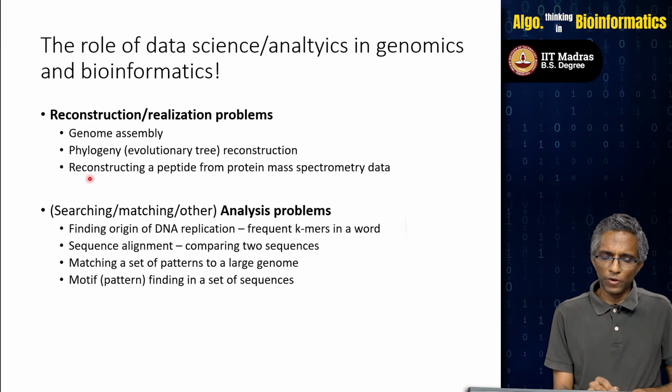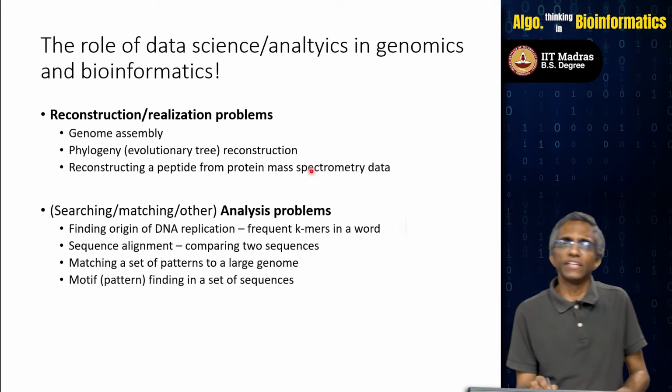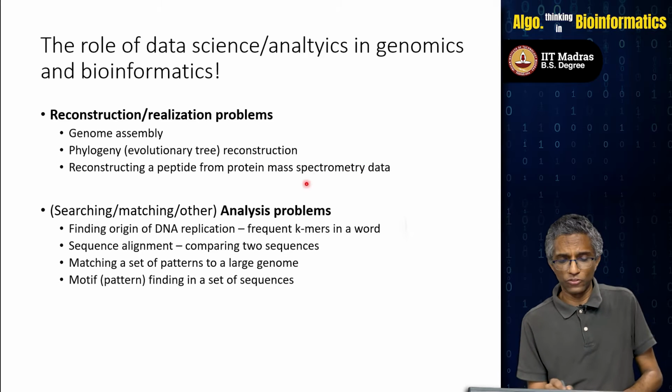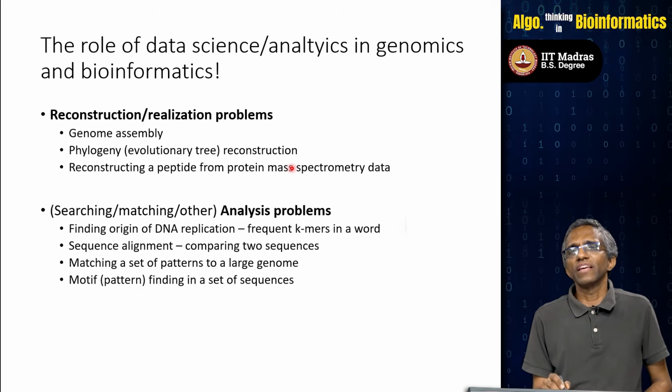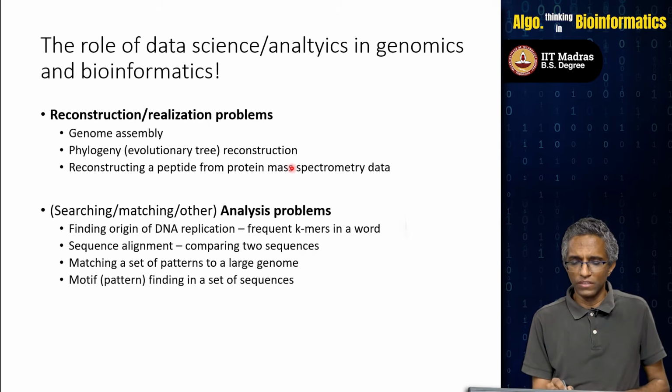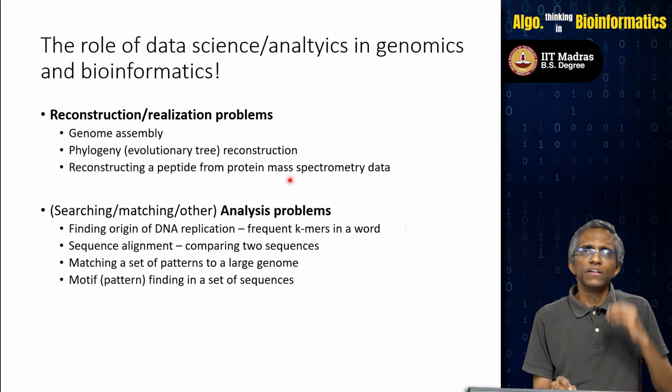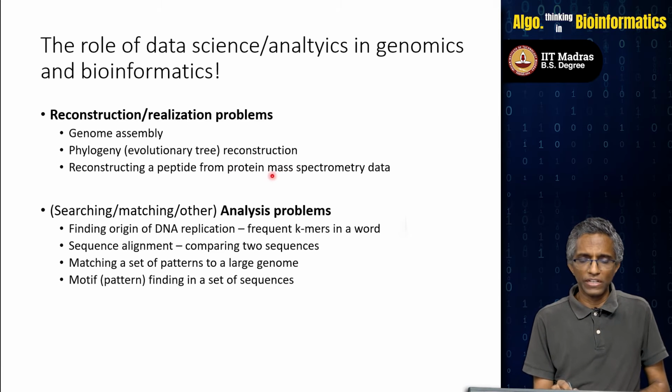Similarly, there is another problem called reconstructing a peptide from protein experimental data. Mass spectrometry is a way of measuring what proteins are present in a sample, but again it does not give you the full protein sequence, it gives you some other form of measurements of proteins. We will look at it in more detail in a later week in the course.